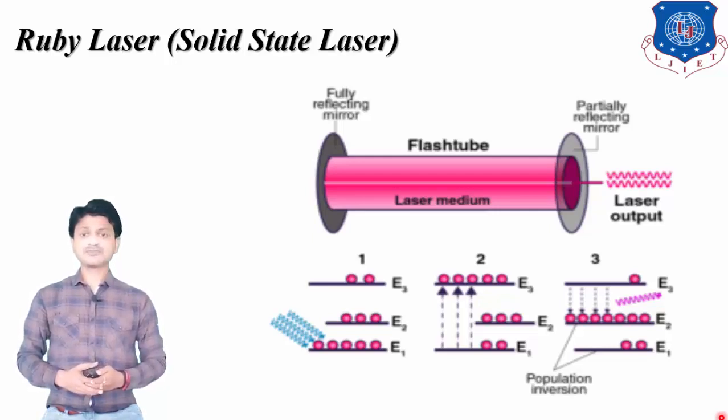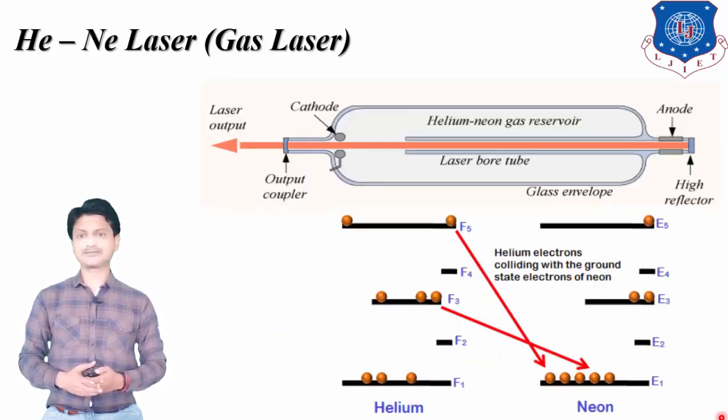Now let's discuss the helium neon laser. The helium neon laser is also known as HeNe laser. It is a type of gas laser in which a mixture of helium and neon gas is used as a gain medium.